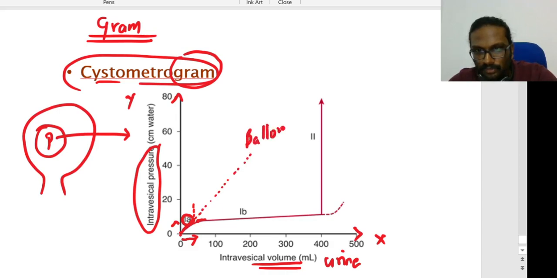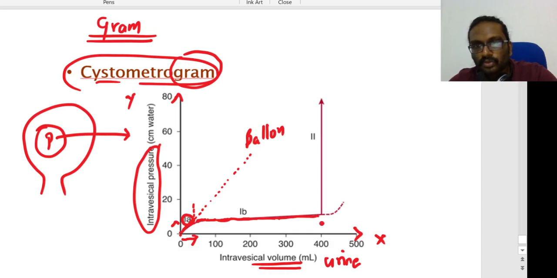The balloon graph would go like this: as the volume of air increases, the pressure also increases. But here it's not like that. In our body, our smooth muscles behave in this way. The volume increases, and the pressure has almost no change.